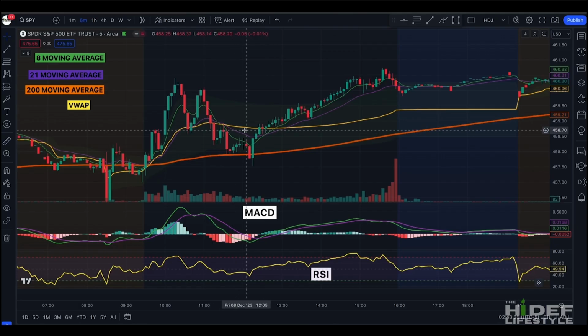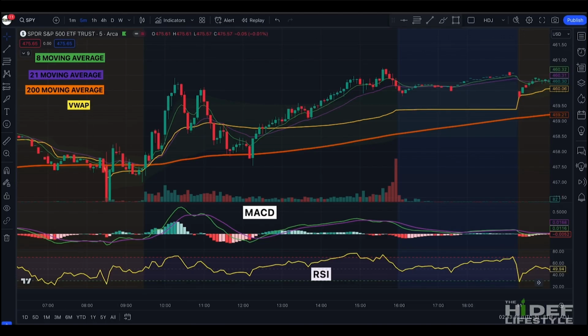And now also colors, you can choose any color you want for any of these moving averages. These are just the ones that I chose. All right, so again, moving averages, they just allow you to track the price trend over a period of time. And these are what I use on a daily basis.